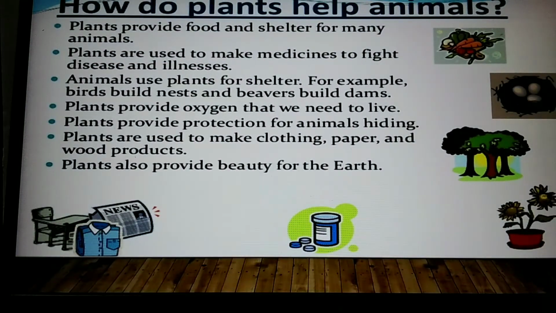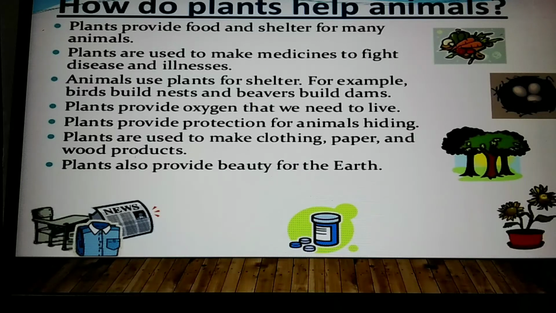Now, how do plants help animals? Plants provide food and shelter for many animals. Plants are used for making medicines to fight against diseases or illness. Animals use plants for shelter. For example, birds build nests and beavers build dams.